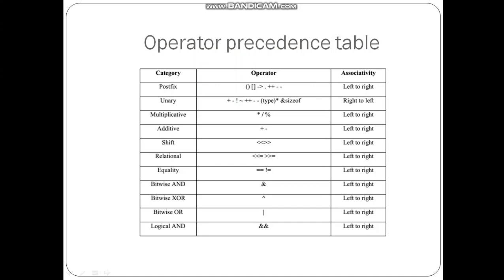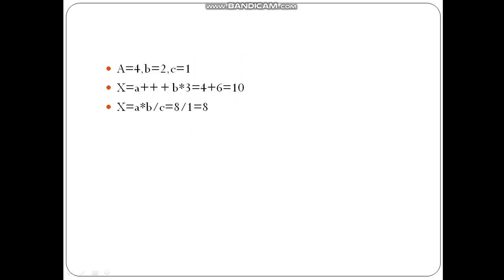Based on this, just consider this expression. Here we have the values a equal to 4, b equal to 2 and c equal to 1. I have written A in capital, but it is actually the small letter. By mistake I have written it as capital, but it is small. So consider this to be the expression: x equal to a plus plus plus b into 3.